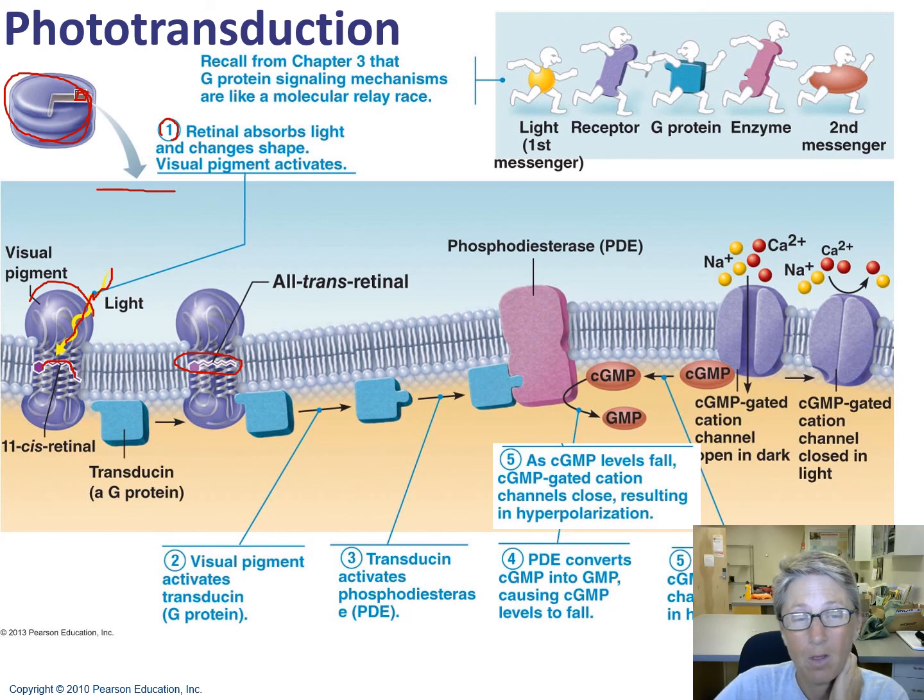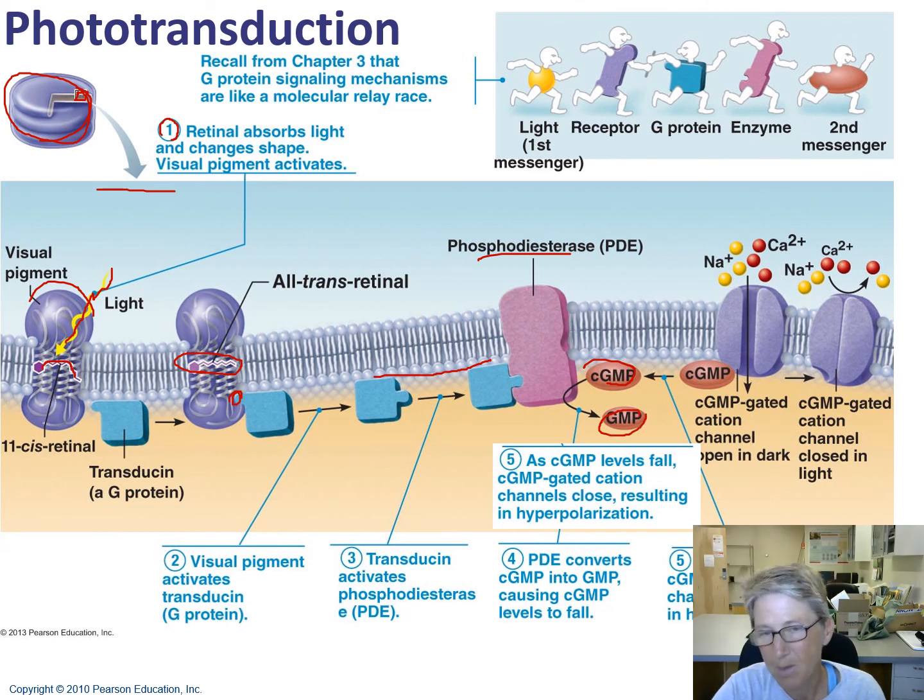When that happens, this G protein called transducin can bind to this area, and then it can become activated. So the visual pigment activates this G protein called transducin. Transducin then shuttles along the plasma membrane and activates this molecule called a phosphodiesterase. What a phosphodiesterase does is it converts cyclic GMP into the molecule called GMP.